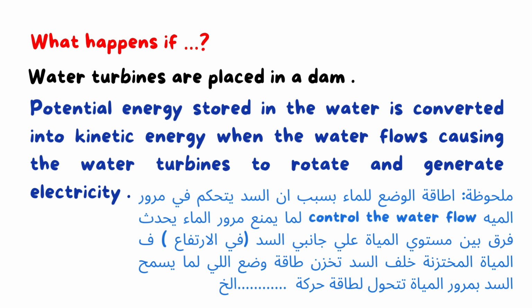So when the water turbines are placed in a dam, the potential energy stored in the water is converted into kinetic energy when the water flows, causing the water turbines to rotate and generate electricity.